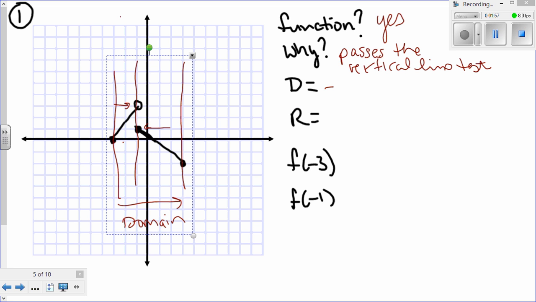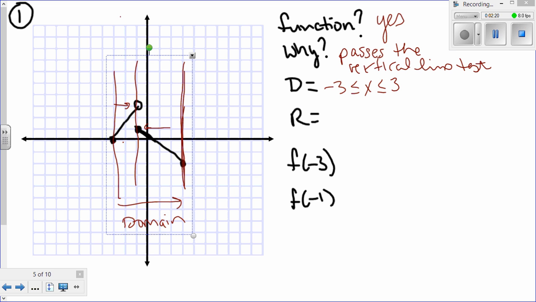So I start at -3, and it can be equal to -3 because it's a closed circle. So x is greater than or equal to -3, and my largest x value over here is 1, 2, 3, and it's a closed circle, so it can be equal to 3. So -3 is less than or equal to x, which is less than or equal to 3, is my domain.